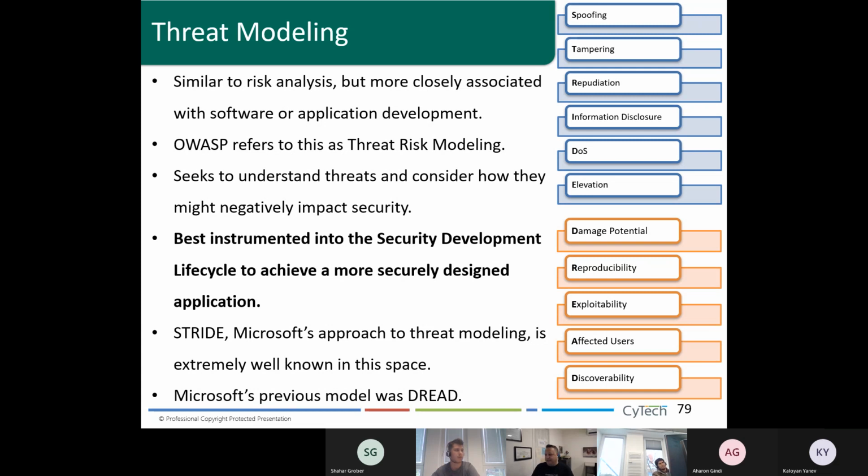So DREAD: damage potential, reproducibility, exploitability, and so on and so forth. And the new, enhanced one, STRIDE, is the one that we use today to direct tests and penetration tests and hacking techniques when we want to challenge our controls.